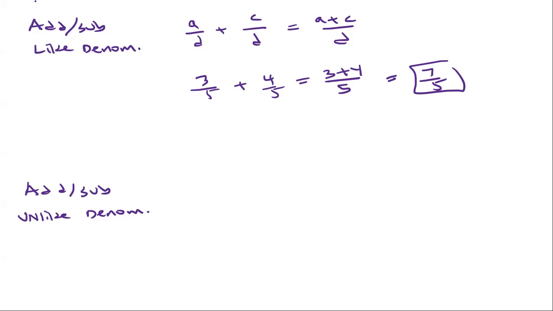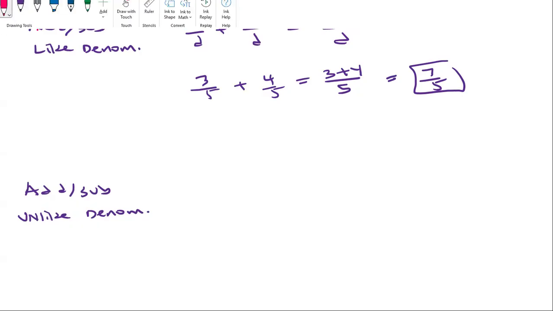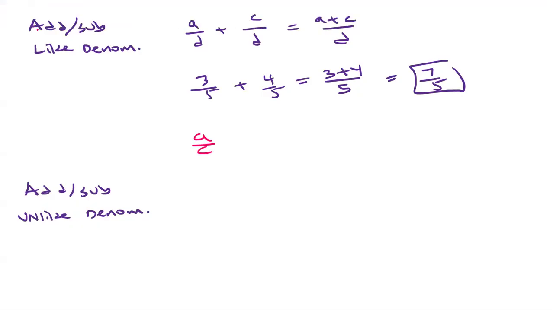Now, same thing for subtracting, right? So if I have A over D minus C over D, it'll just be A minus C over D. Or if I had say 17 over 12 minus 11 over 12, that's 17 minus 11 over 12.